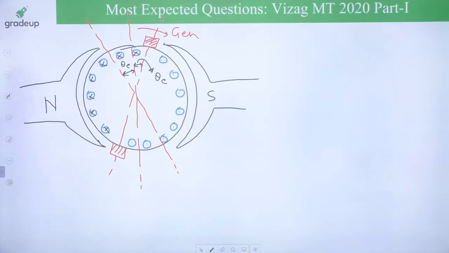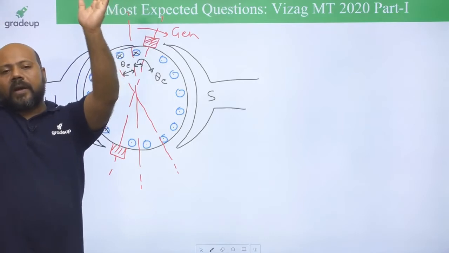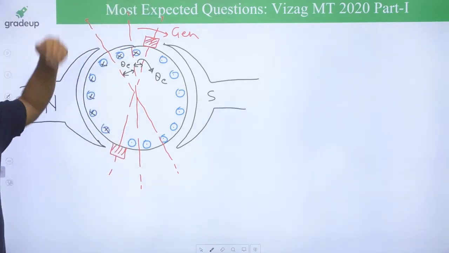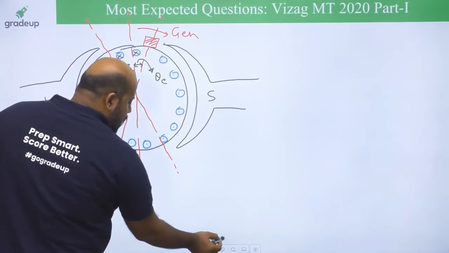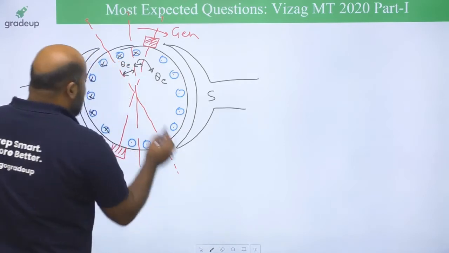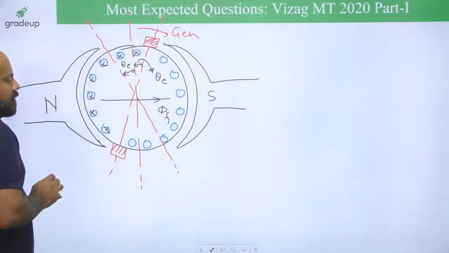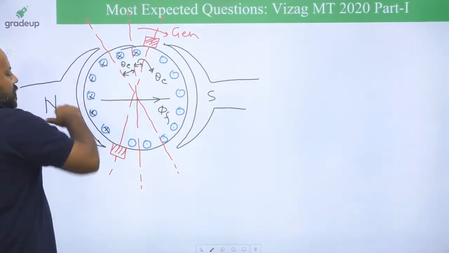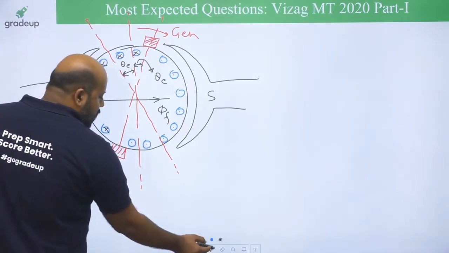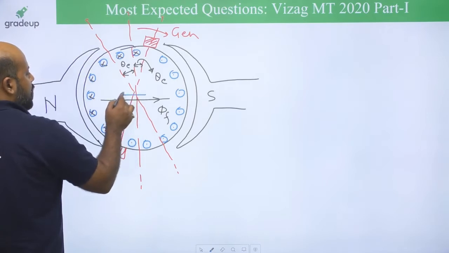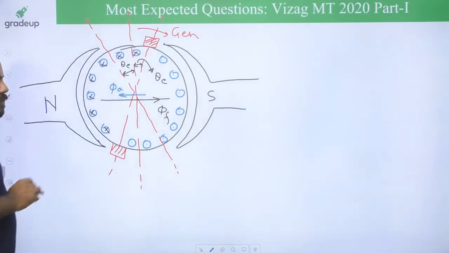So the conductors which are present in the cone of 2 theta angle are going to give you, this is going to be the direction of main field flux, and armature flux is going to be opposite to this. So these 2 conductors, top and bottom, are going to give you the demagnetizing effect. Are you getting this?